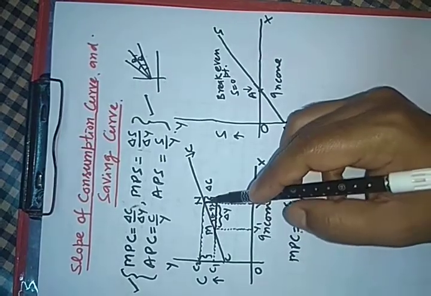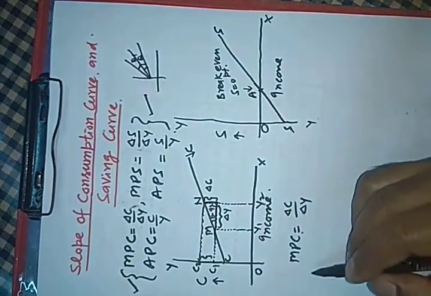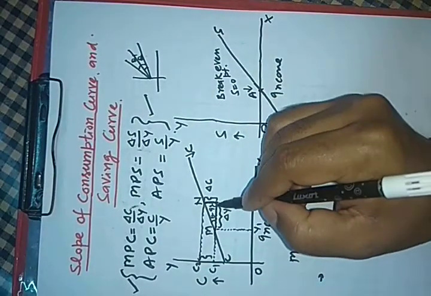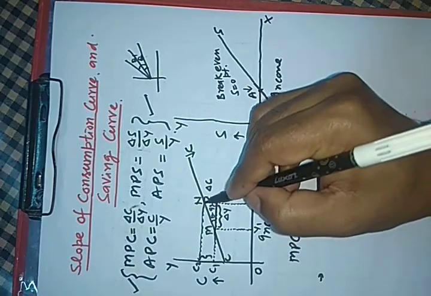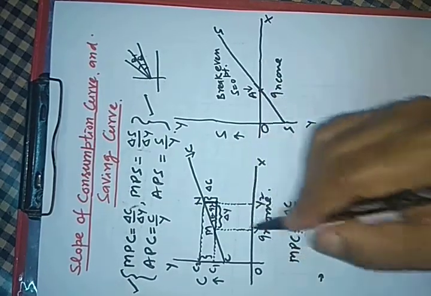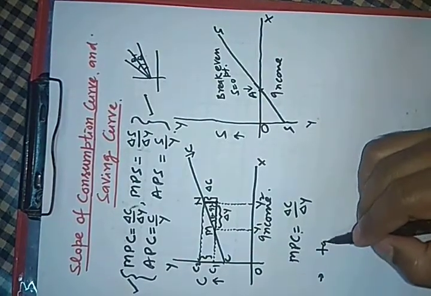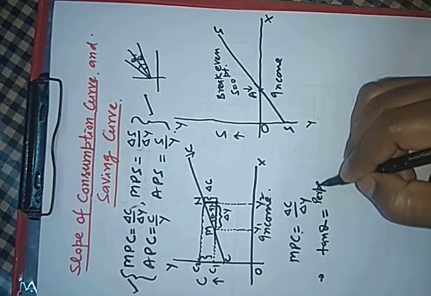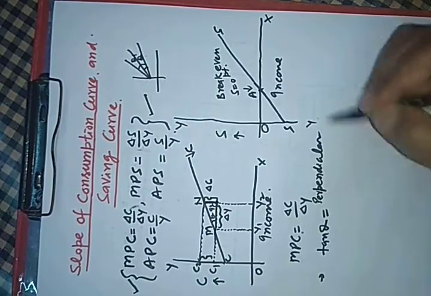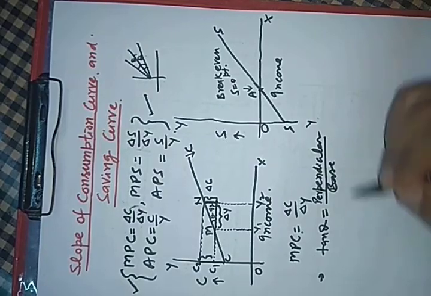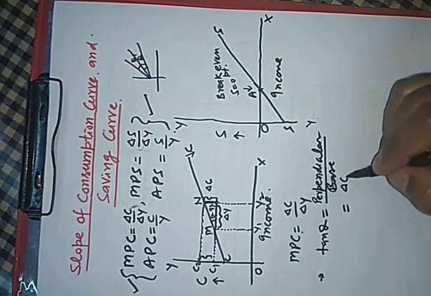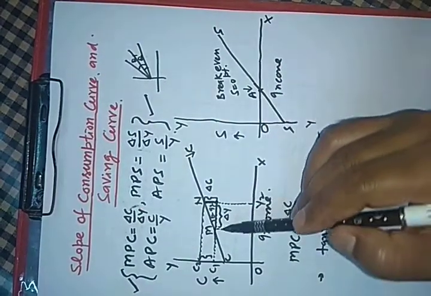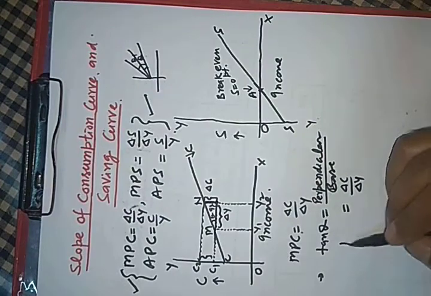But mathematically, if you are able to understand, this is the base and this is the perpendicular. If you want to find the angle, tan theta is denoted as perpendicular upon base, means delta C upon delta Y. This perpendicular is delta C and the base is delta Y. That is the simple ratio, that is tan theta.